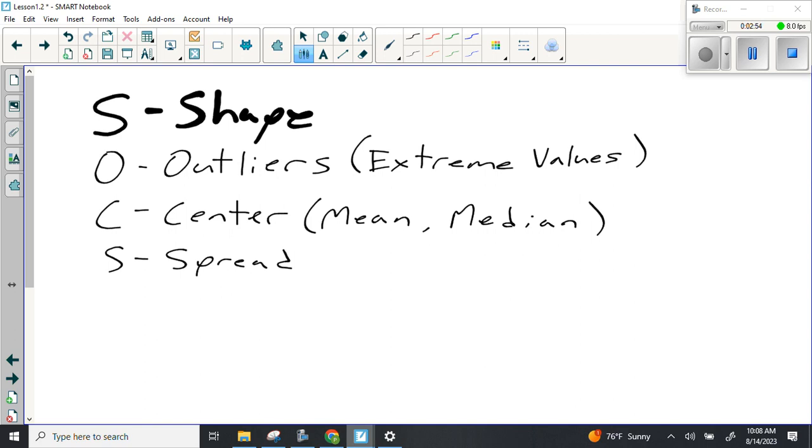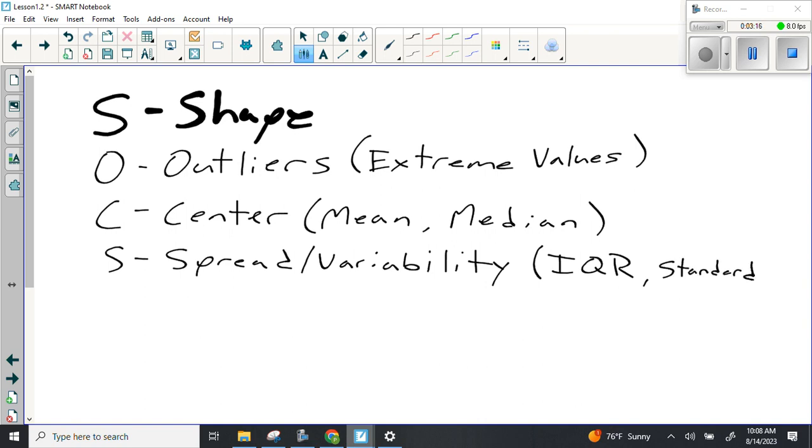So another way to say it is, how much variability does the distribution have? Measures that we use for variability are interquartile range, which we're going to talk about in the next one, and standard deviation. Standard deviation is going to be something we talk about all year long.